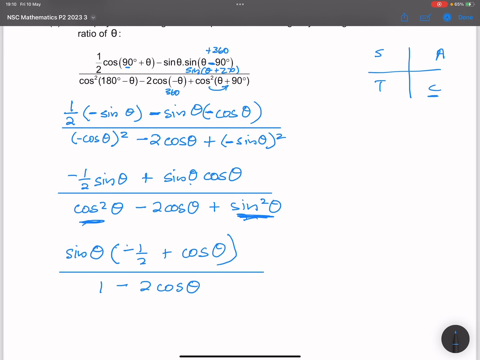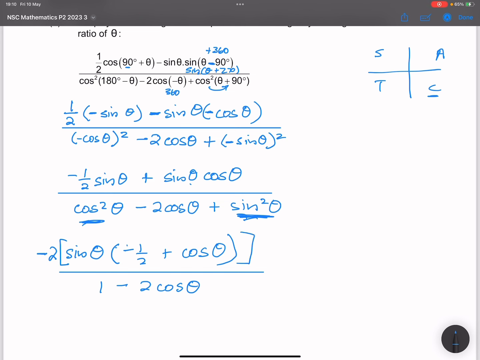All right, ladies and gents, now how am I going to solve this? Please listen very carefully. Look at what I have at the bottom there. If I can multiply by negative 2 at the top, remember, what I do at the top, I do at the bottom.